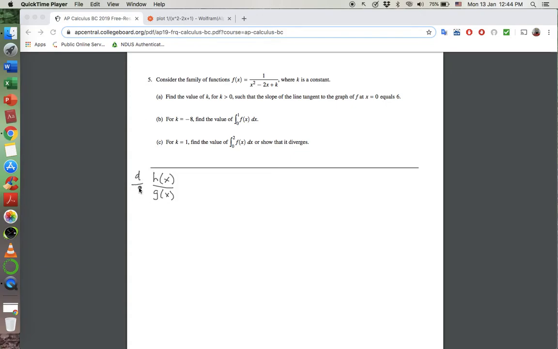So we'll say that the derivative of this quotient of functions is equal to, you guys should remember the quotient rule, h prime of x times g of x. So the derivative of the numerator times the denominator minus the derivative of the denominator times the numerator. And that's all over the denominator squared.